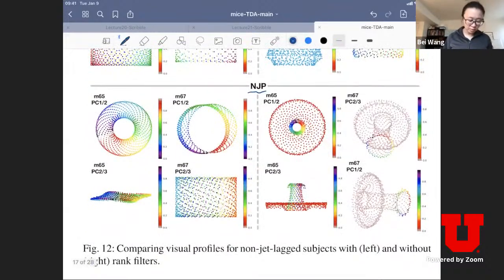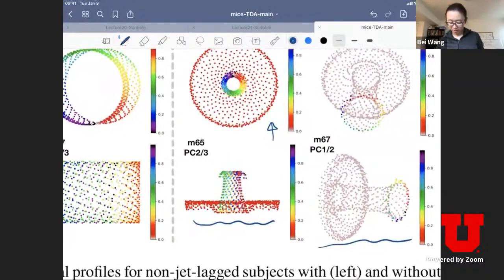So on the left-hand side, you know that the pregnant mice have this sort of almost like annulus projection in one direction, versus if I don't use rank filter, non-jet lag pregnant has this really interesting kind of shape, right? And the parameterization is also quite interesting.